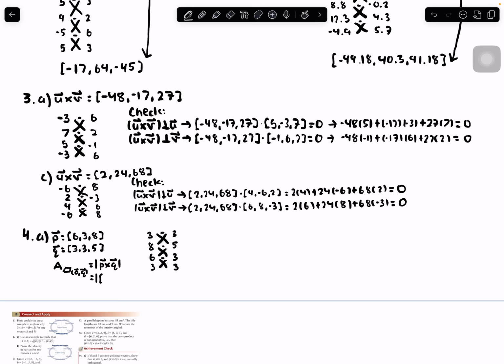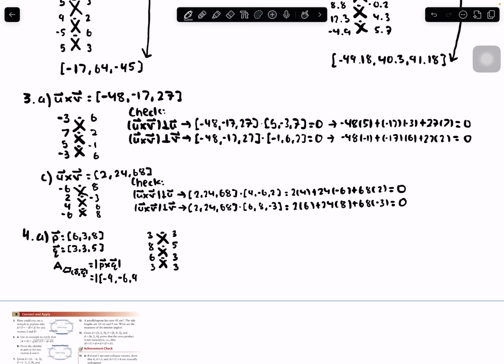So P cross Q will be 3 times 5 minus 3 times 8, which is -9. Then it's going to be 8 times 3 minus 5 times 6, which is -6. Six times 3 minus 3 times 3, which is 9.